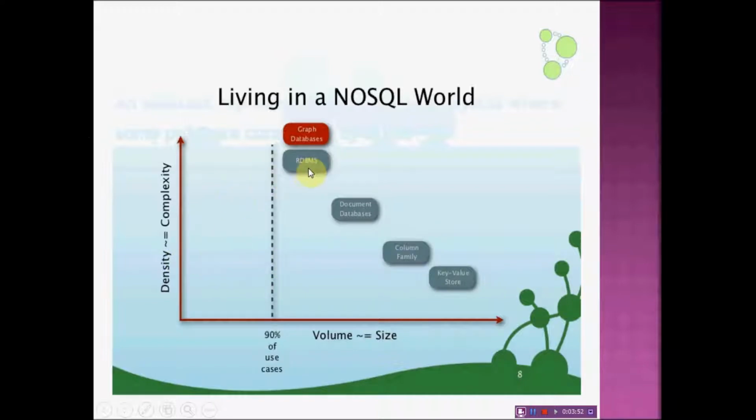Compared to RDBMS, document database, column family and key-value store, the graph database has much smaller size but high complexity in nature. So a graph database is complex in nature.